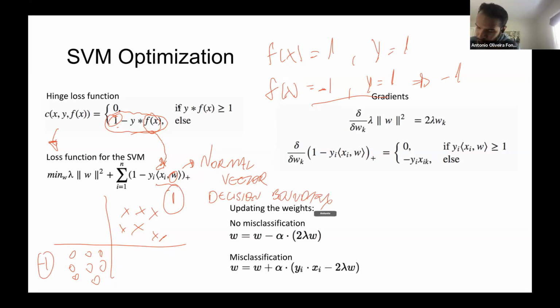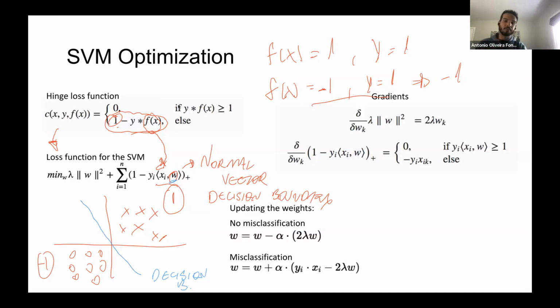So let's say that the decision boundary here is placed in this region. I'm going to put in a different color just in case. So that's the decision boundary. This W that we are talking about here corresponds to the normal vector to the hyperplane, right?